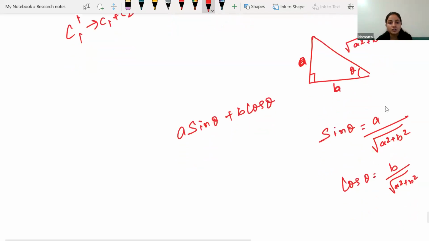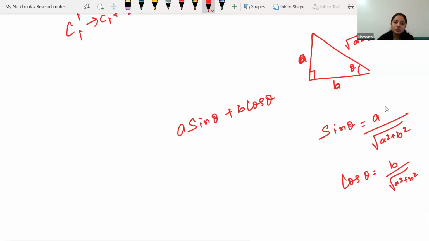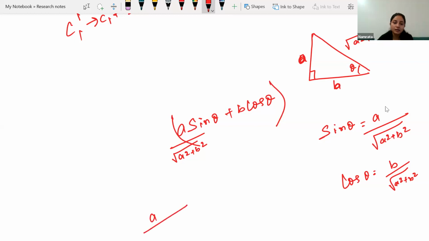I want to show you one result over here. So what we can do is multiply by under root A square plus B square, all together. So we will have A by under root A square plus B square times sine x, plus B by under root A square plus B square times cos x.